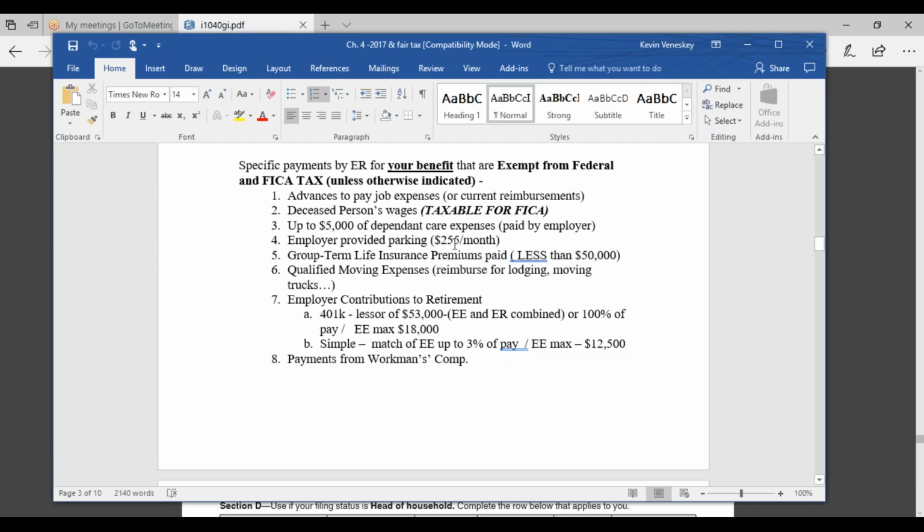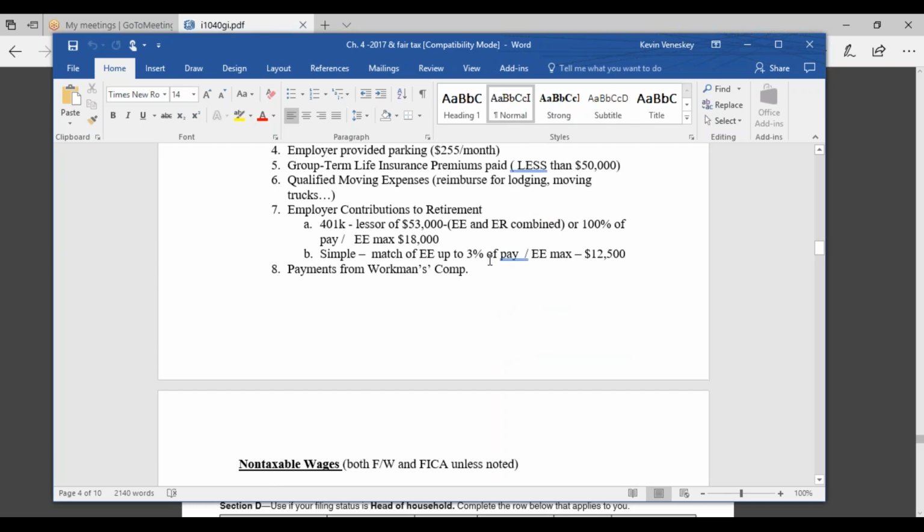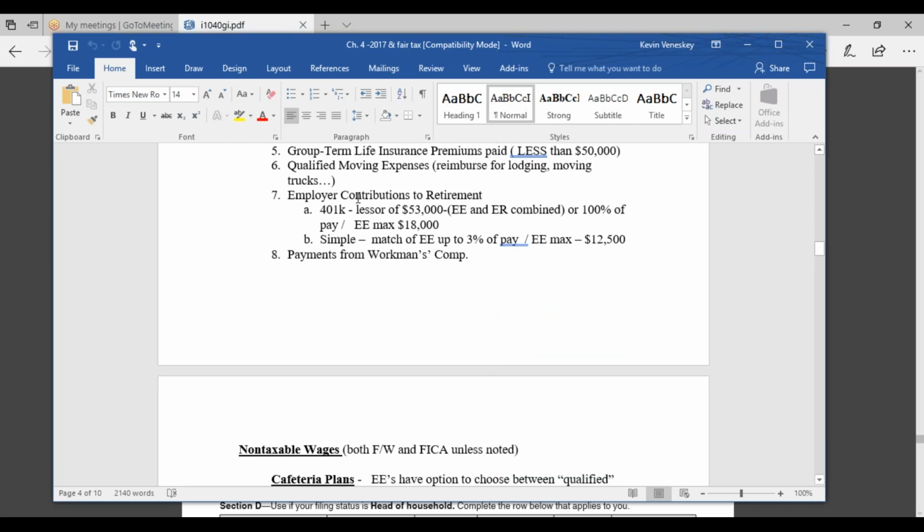Those premiums that the employer pays for you to have that option, those are considered a tax-free benefit, whatever those premiums might add up to. Moving expenses, qualified moving expenses. So if your employer reimburses you or pays for your moving expenses, that is a tax-free benefit.